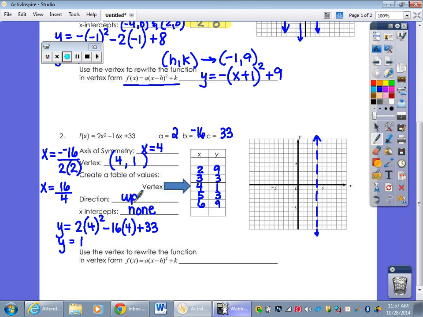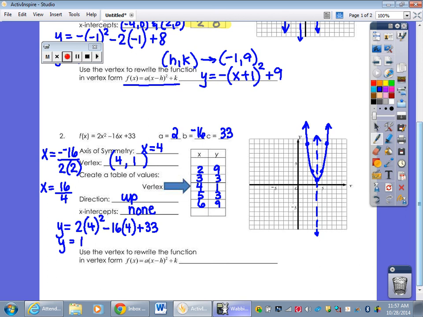Okay, so let's plot those points. We don't have any intercepts. So 2, 9, 3, 3, 4, 1, 5, 3, and 6, 9. Notice it's above the x-axis, so we have no intercepts.